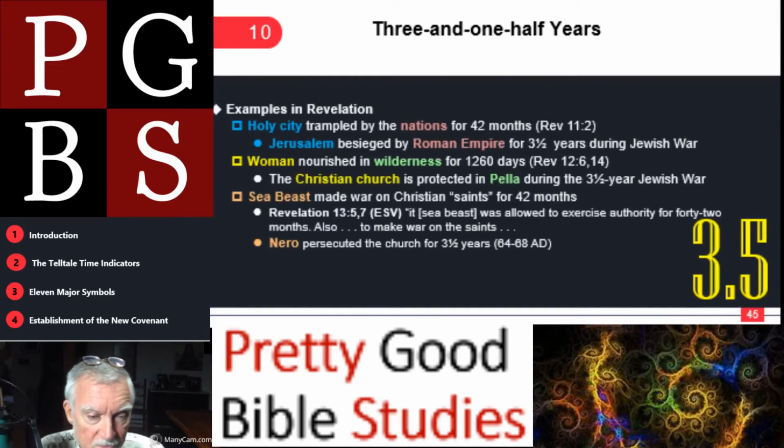The holy city was trampled by the nations for 42 months in Revelation 11:2. The holy city is Jerusalem. It was besieged by the Roman Empire for 3.5 years, roughly, during the Jewish War. So there's a tie to that symbolic term and a tie to the kingdom of Jerusalem, apostate kingdom of Jerusalem.